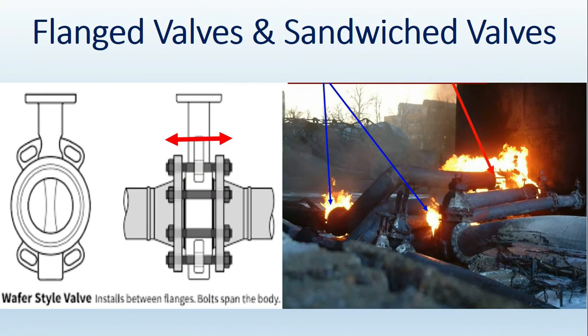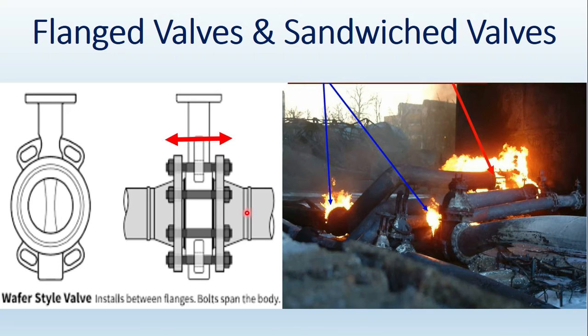Here we can see a real picture where this particular pipe is transporting some flammable liquid, and there is a fire in the plant. Here also we can see these are the flanged valves, and this is a sandwich valve which is having extra long studs.